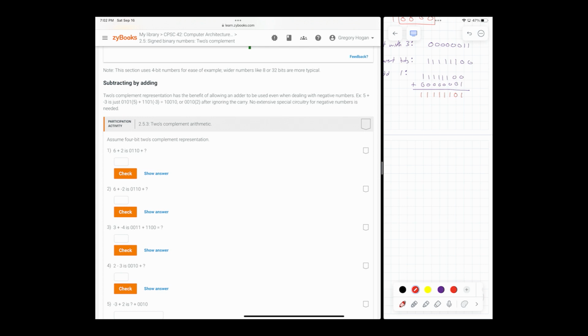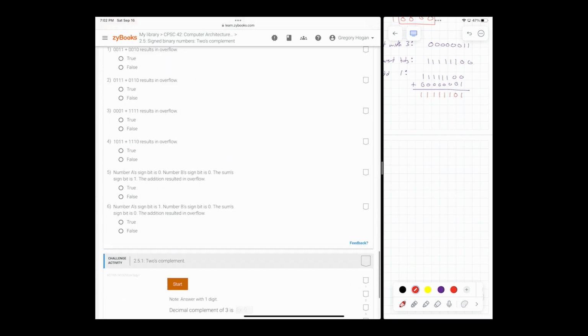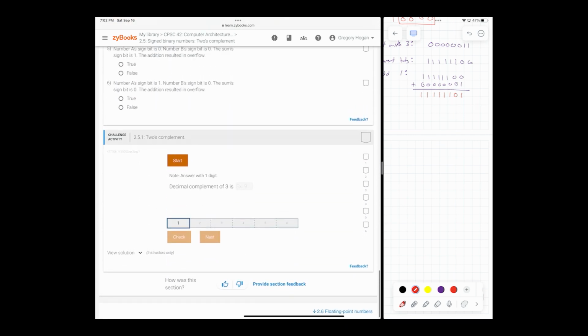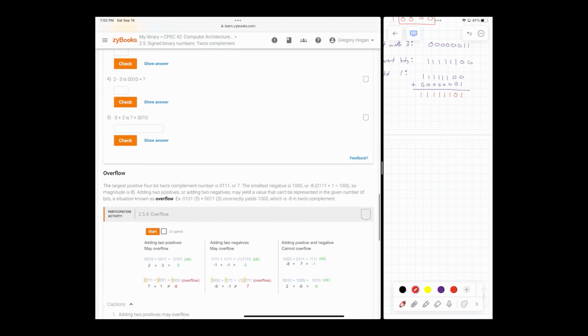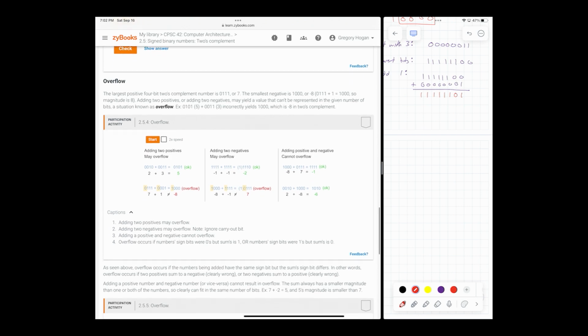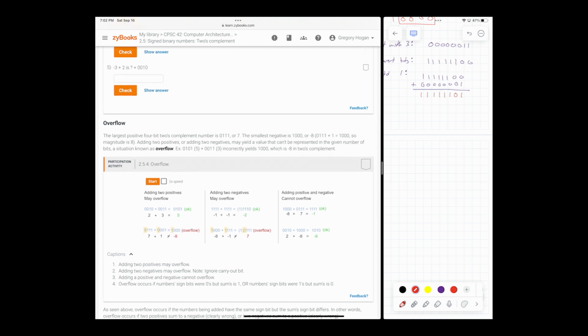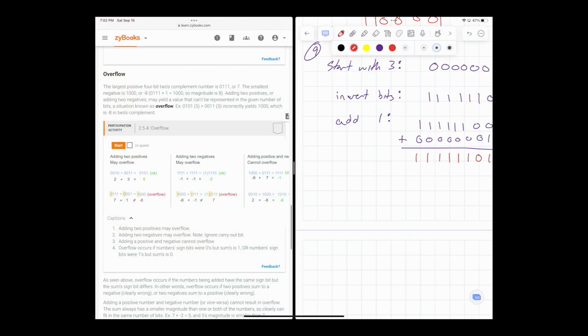And what they want you to do here is basically decimal complement. All right, sorry, I was just reading. So let's get back here.